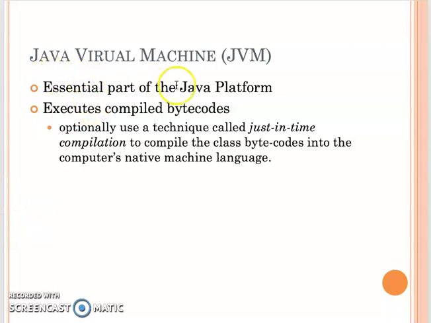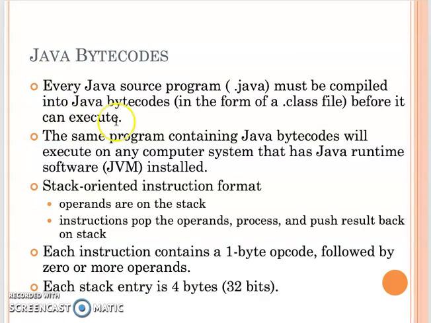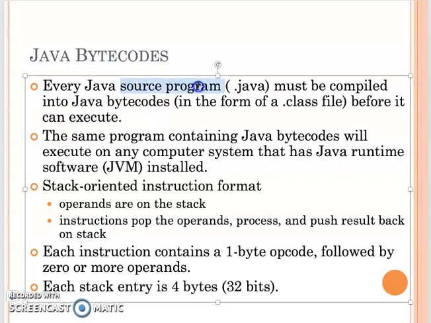But Java is not. All the Java source files are .java files. This one is the source file. Each source file will compile into a Java bytecode file. So what is the Java bytecode? Java bytecode means class file.